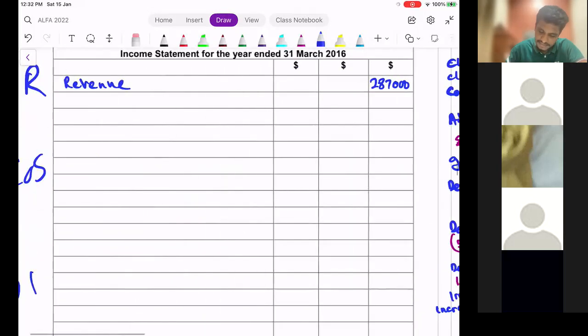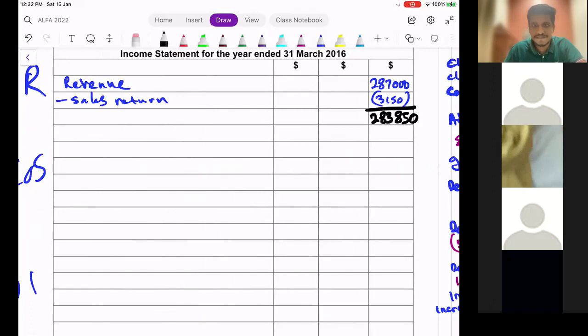So right here, sales return 3,150 in brackets, because we want to minus sales return. Revenue is 287,000 minus the sales return 3,150. If you minus, you'll get 283,850. Can or not?